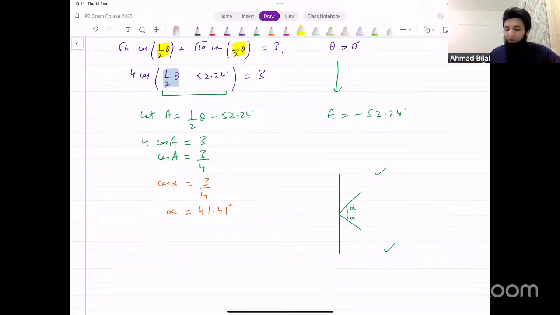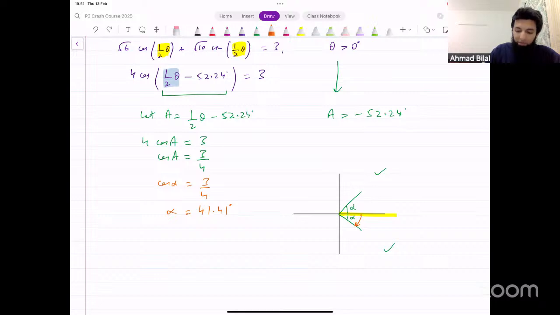Now, remember, we're looking for the smallest possible angle. The interval for A is starting from minus 52.24. Now, yes, on the positive side here, we have this angle for A, that is 41.4. But this angle on the negative side also falls in this interval, right?